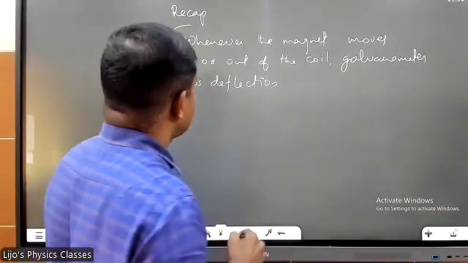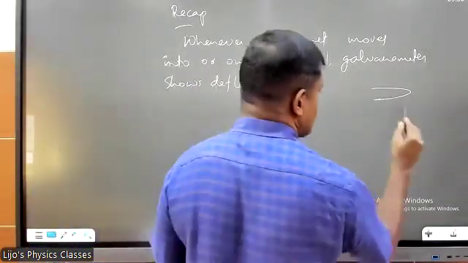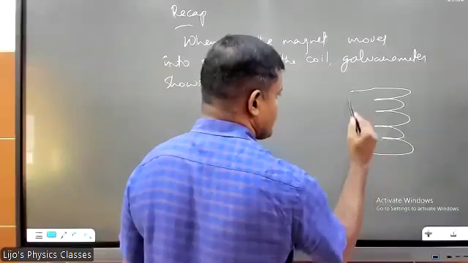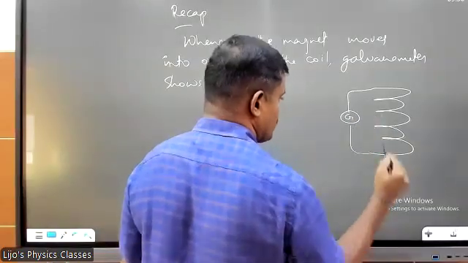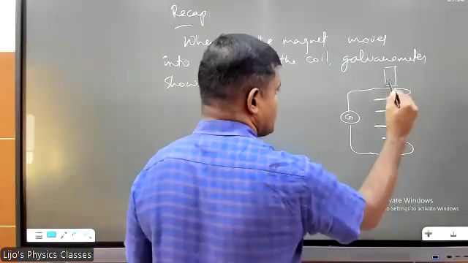Whenever the magnet goes into or comes out of a coil, the galvanometer shows deflection. Draw the figure.